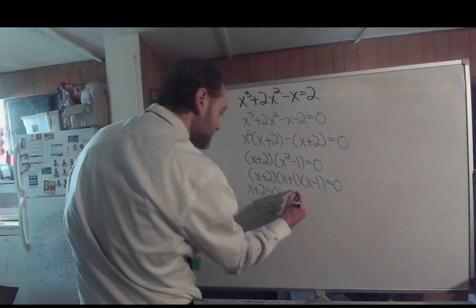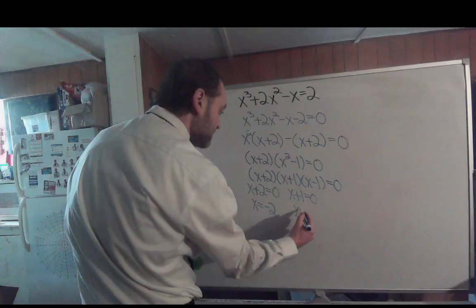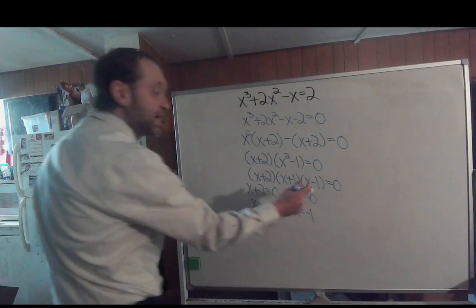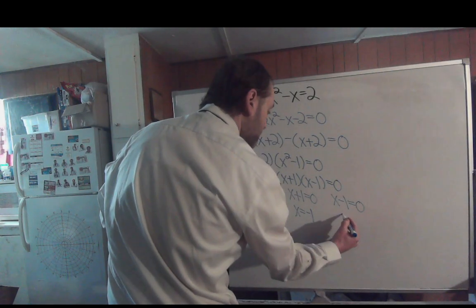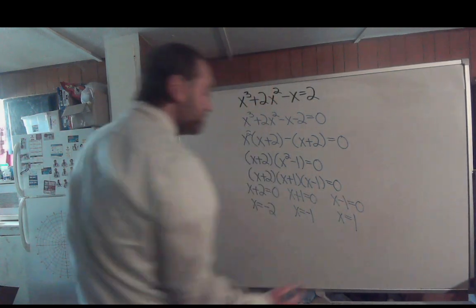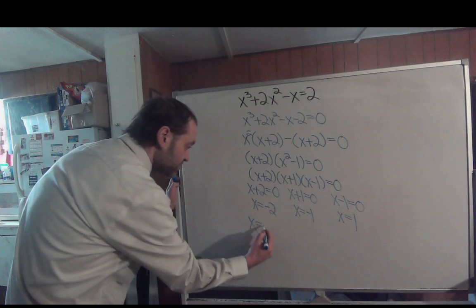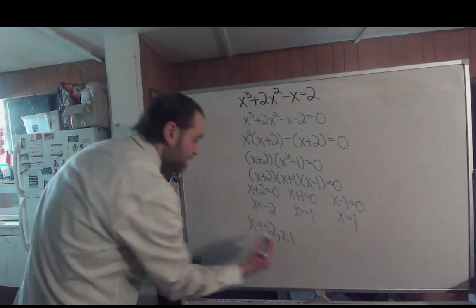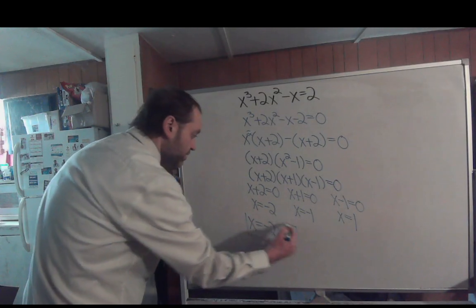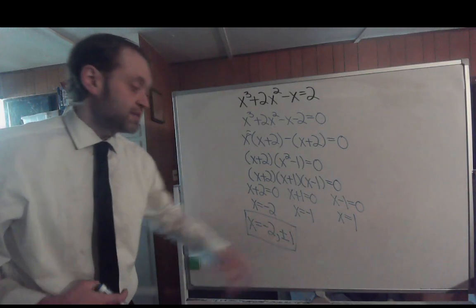Now we have x plus 1 equal to 0. That would give you x equals negative 1, and then take x minus 1, set that equal to 0, that would give you x equals 1. So your solutions to this would be x equals negative 2 and then plus and minus 1. So you have 3 real solutions for this.